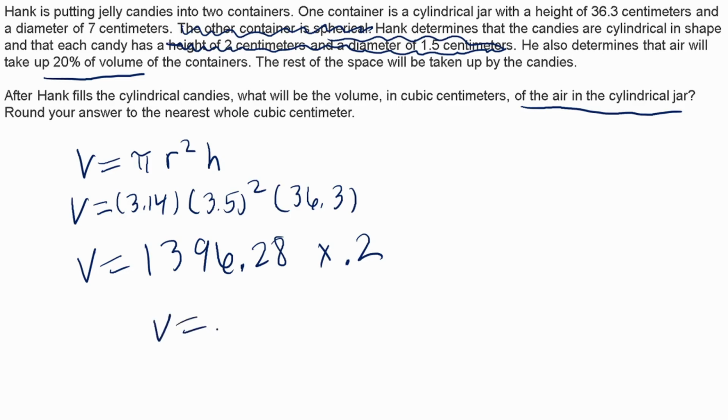And that's going to give us the volume of air. So the volume of air, right? So let's multiply that. We get 1396.28 times 0.2. And that's going to give us about 279.256, right? But we want to round to the whole number, so we're going to get 279. And there's our answer.